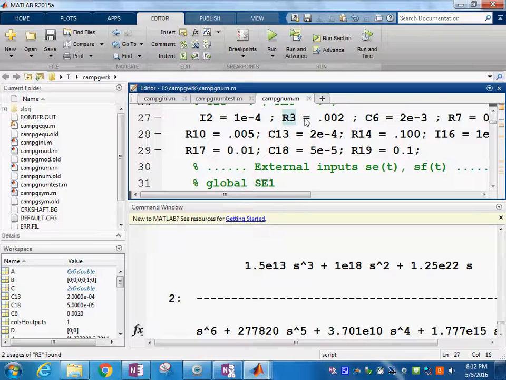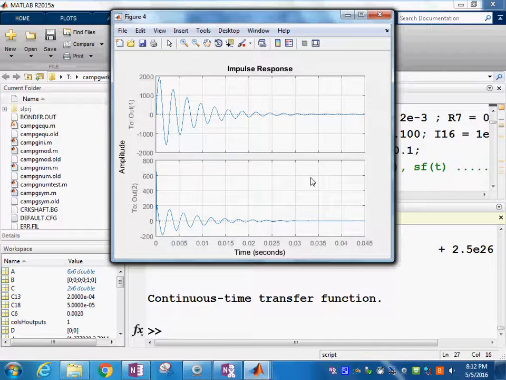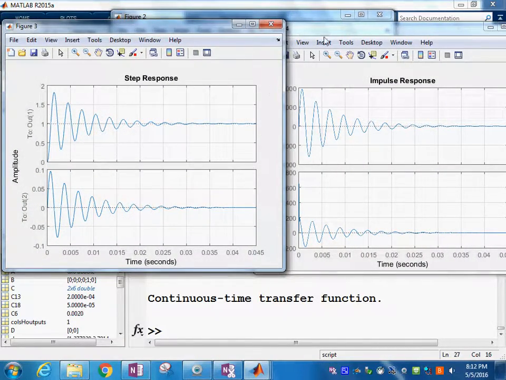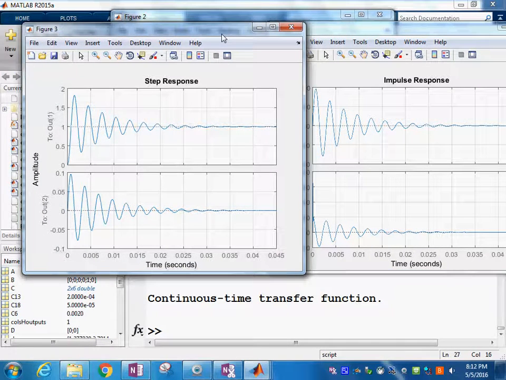If I run this, it would have the step and impulse response for both outputs, and this should be the same thing also on the Simulink side, because the initialization files and the transfer functions that we are looking at in here are shared with Simulink as well as with MATLAB.